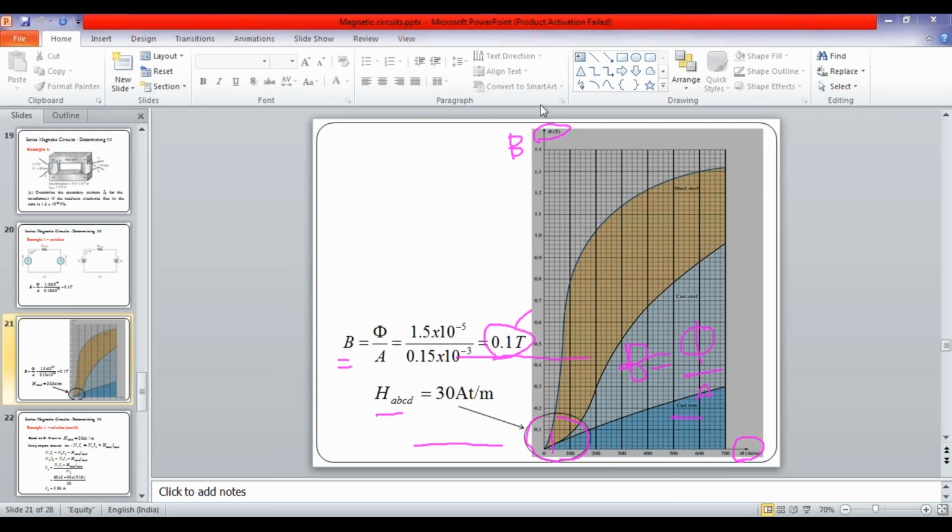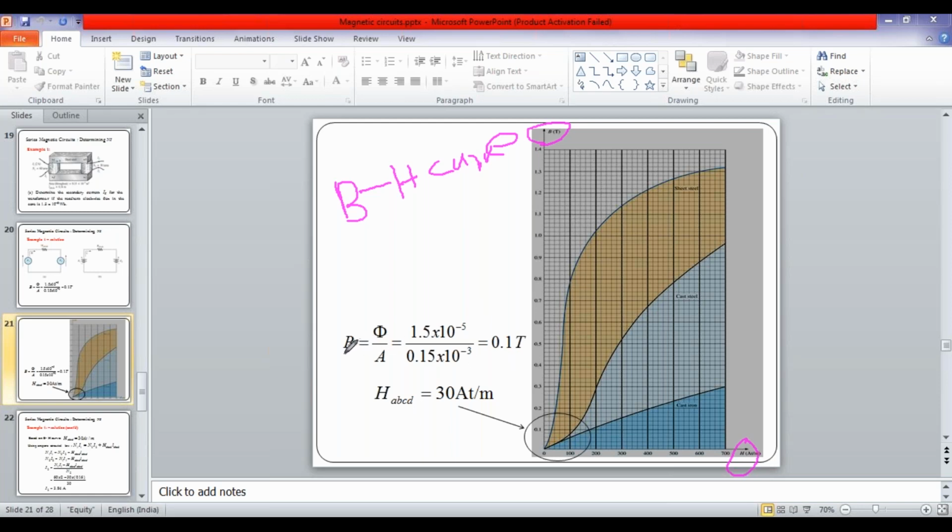After calculating the flux density value, you refer to the standard graph. This graph is provided by the manufacturer: the BH loop, or hysteresis loop, which indicates core loss. This graph will be provided by the manufacturer only.